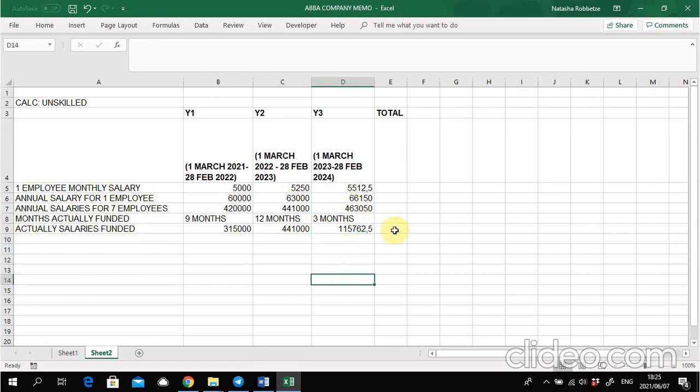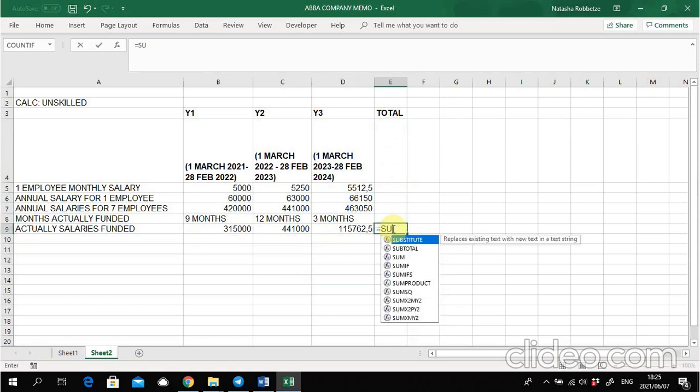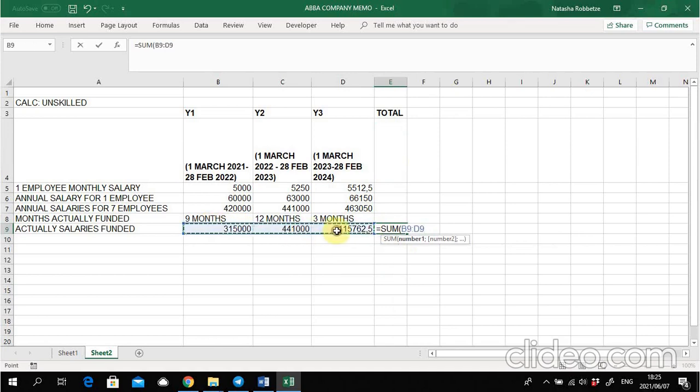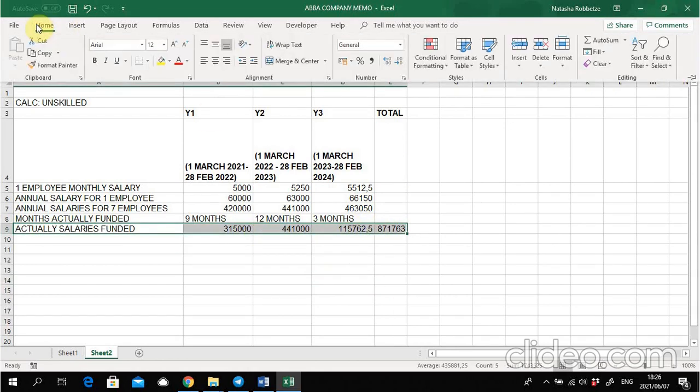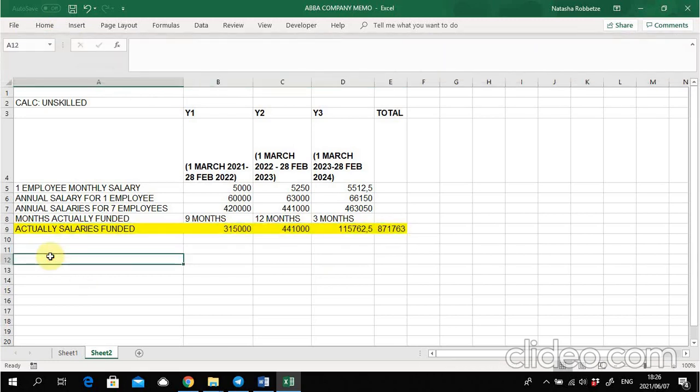All right, I'm going to get to my total. And I know now that I can use this as my weighting factor. So I'm going to start with my entry, which is going to be the 1st of June 2021.